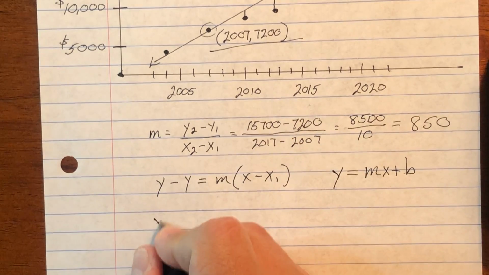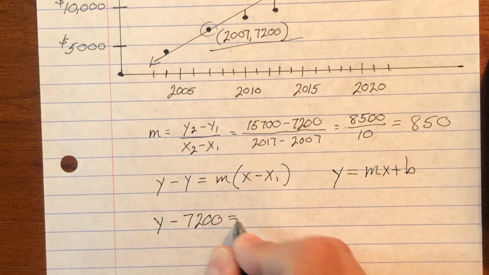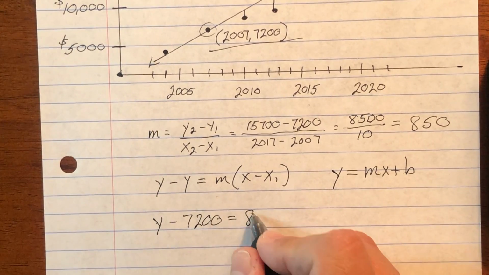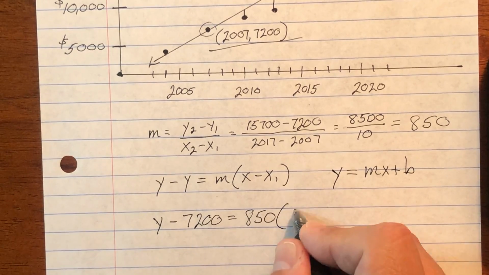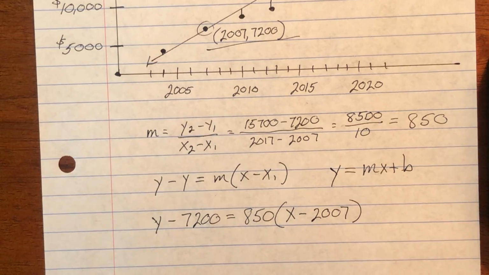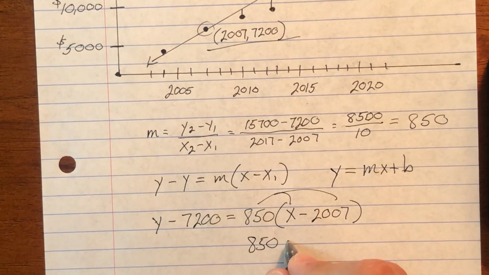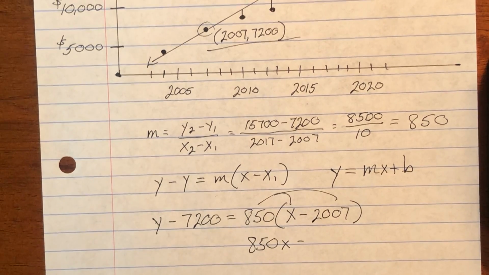So y minus y1, which is 7,200, equals our slope, which we said was 850, times x minus 2007. And we're going to distribute here, so that's going to be 850x minus, well, I don't know what that is on my calculator, or in my head.